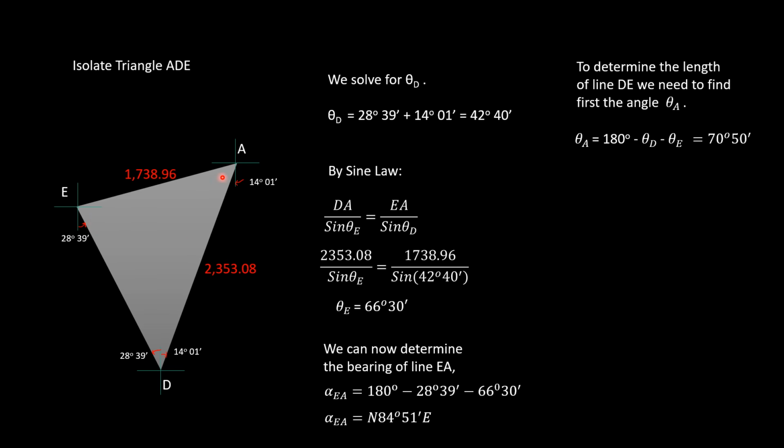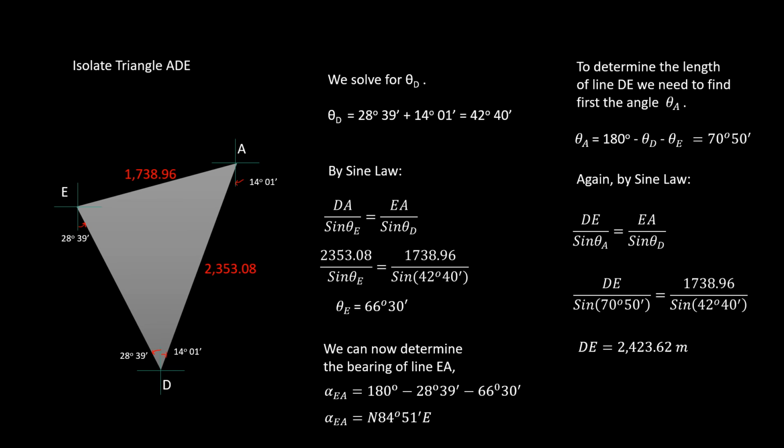So theta A is just the difference between 180 and the sum of theta E and theta D, which is equal to 70 degrees and 50 minutes. Now that we know theta A, we proceed by applying sine law to lead us to the length of side DE. So by sine law, DE over the sine of theta A is equal to EA over the sine of theta D.